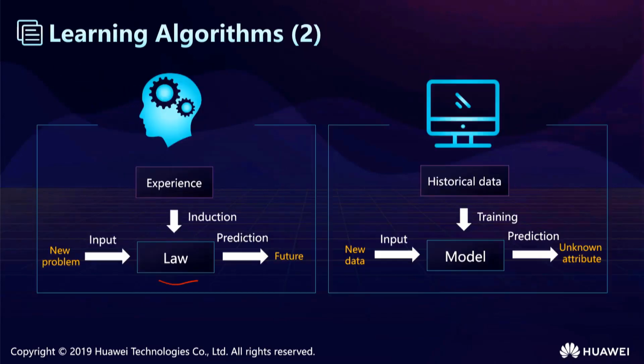So let's compare the human and computer learning processes in some detail. People learn from experience and summarize rules, and when they face new problems, they make predictions. The computer learns from historical data, and the rules are saved in the model.